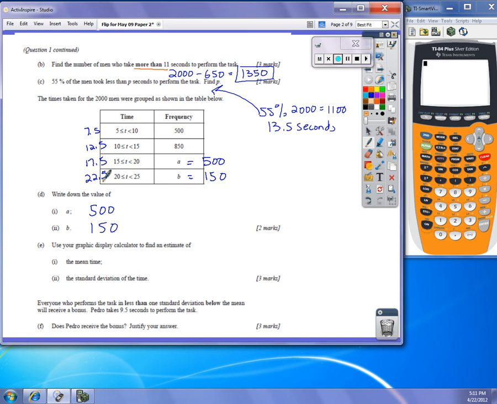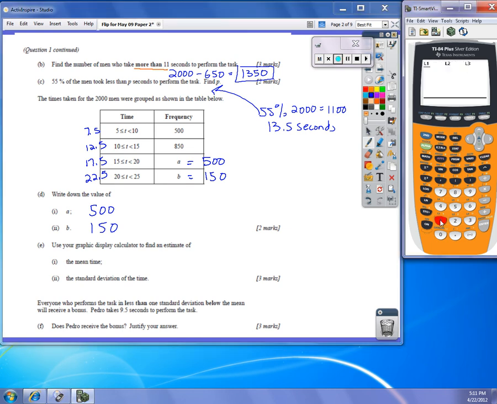Go over to Stat and Edit, and I need to clear my stuff out here. Sorry about that, guys. Clear. Clear L2.